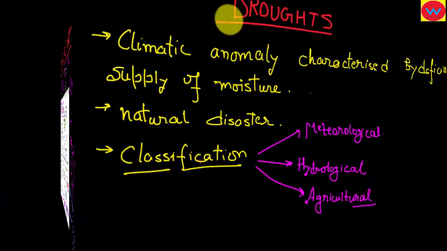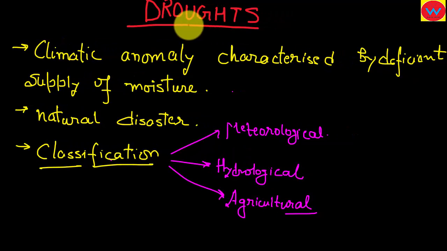Next topic we are looking at is droughts. Drought basically means less rainfall in a given year, and you can also say that it's a kind of natural disaster, basically characterized by a deficient supply of moisture.